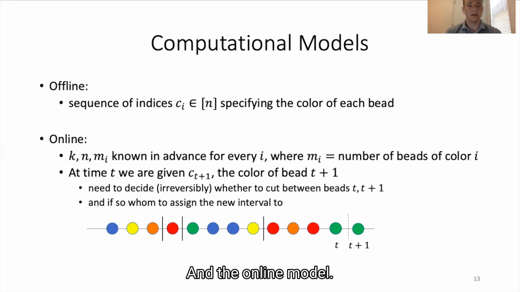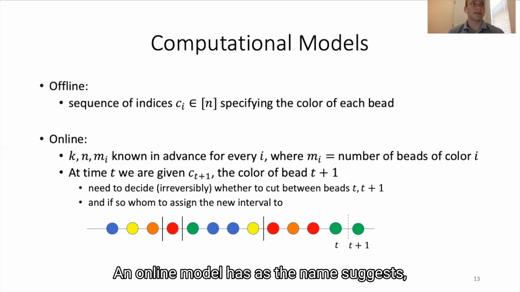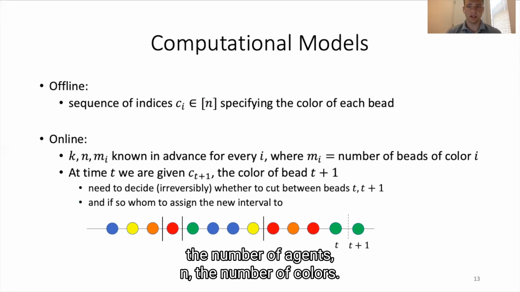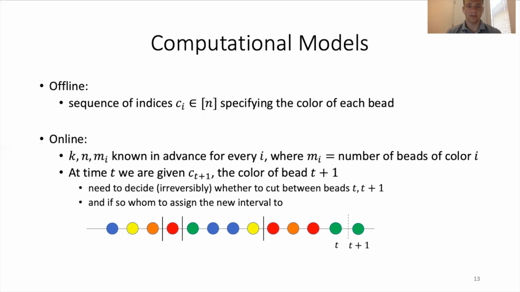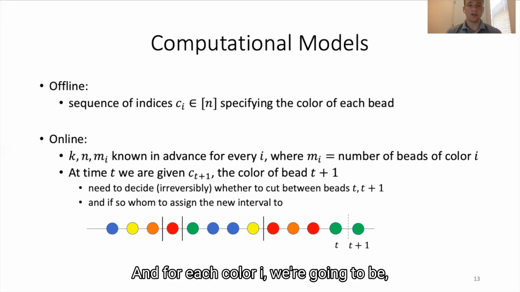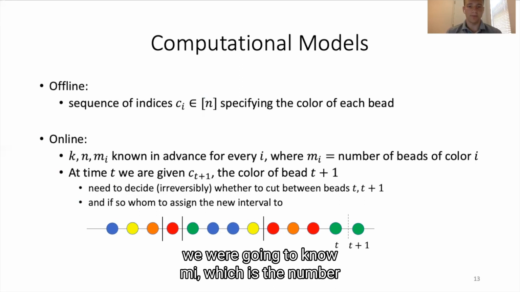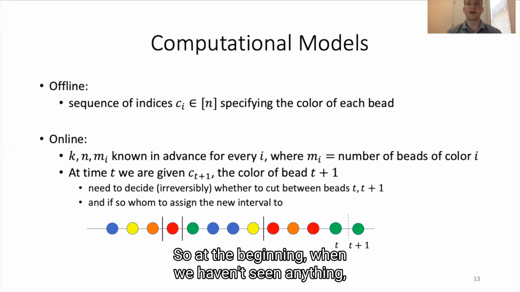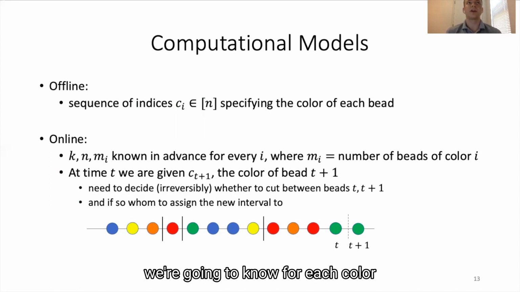And in the online model, as the name suggests, we're not going to know what the necklace is from the beginning, but we are going to know k, the number of agents, and the number of colors. And for each color i, we're going to know m_i, which is the number of bits that we're about to see of that color. So at the beginning, when we haven't seen anything, we're going to know for each color how many bits we expect to see up until the end of the necklace.